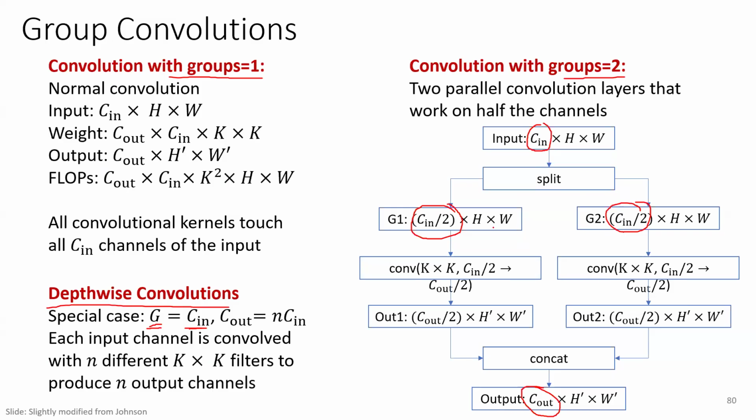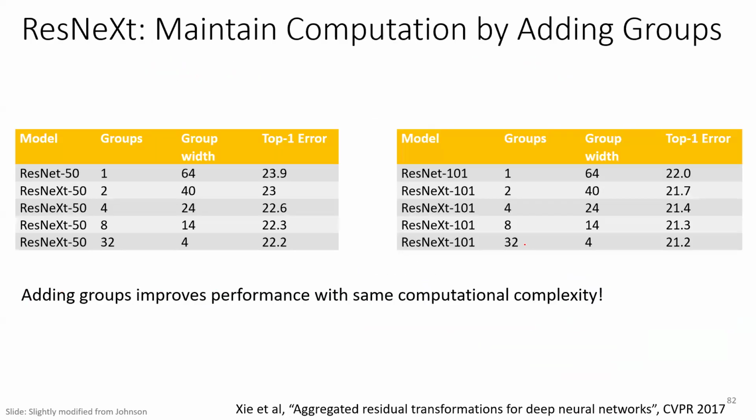So you can see that the depth of the convolution kernel becomes 1 here because of the depth-wise convolution. So this is a big advantage. They are used in very fast, efficient networks. So if you're looking at ResNeXt, you can see top one error is reduced in ResNeXt.